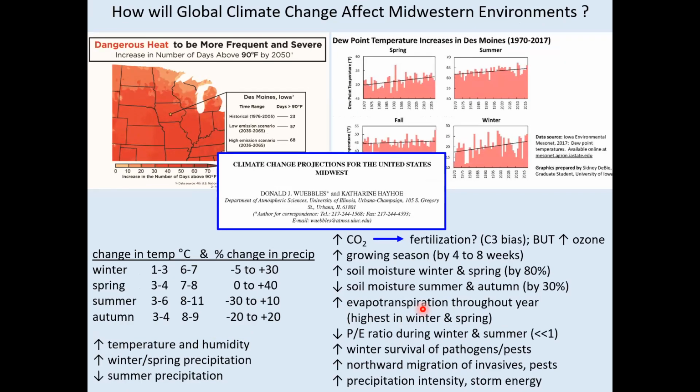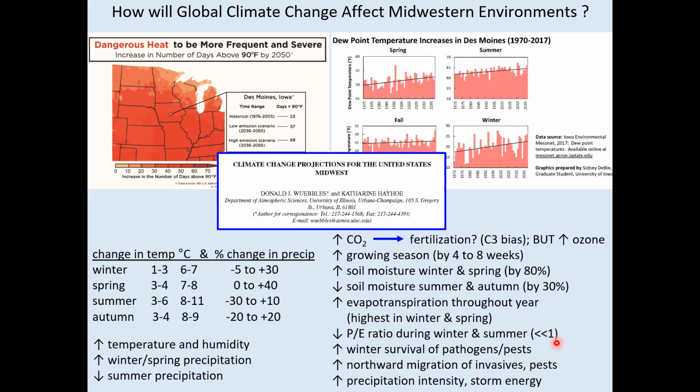That's more of a stress on plants, because evapotranspiration takes water away from plants and forces them to close their stomata, which means they can't do as much photosynthesis. Same thing with a decreased precipitation to evaporation ratio. That's not going to be favorable for plants, especially if that ratio is way less than 1, as they're predicting.